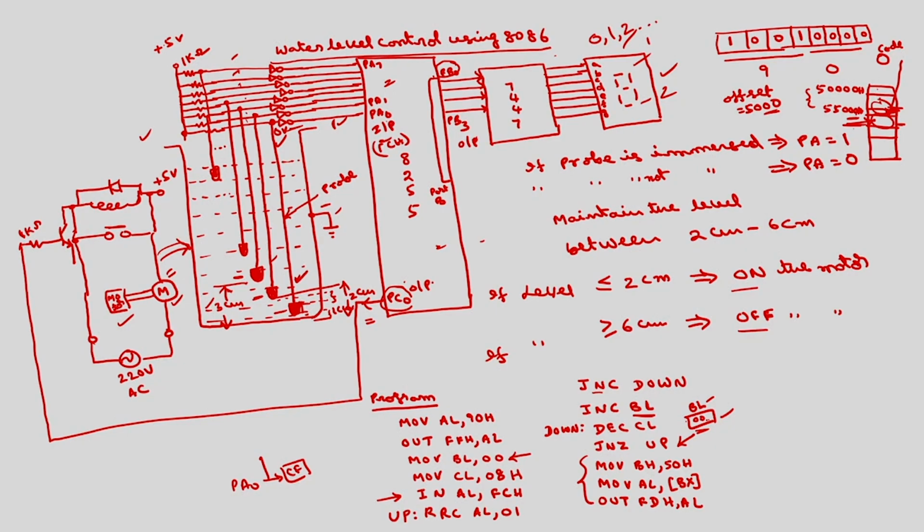Now to control this, I have to check whether the measured level is in between 2 centimeters to 6 centimeters or not. If it is below 2 centimeters, I will on the motor. If it is above 6 centimeters, I will off the motor. Further the program will be: now check the BL contents, compare BL comma 02H.